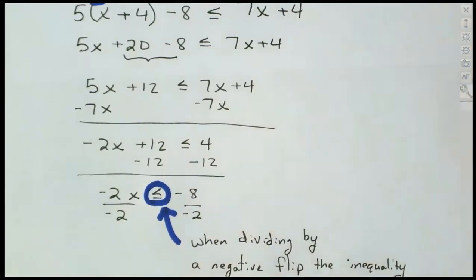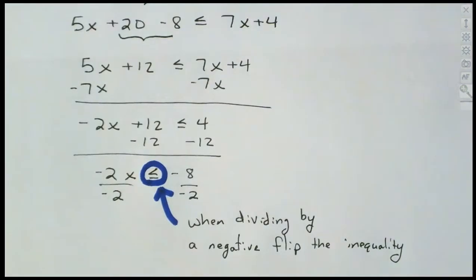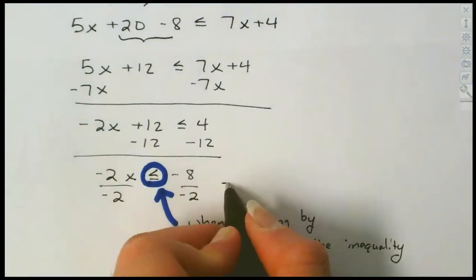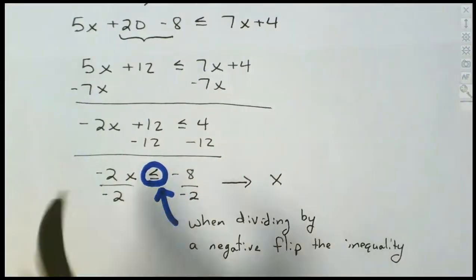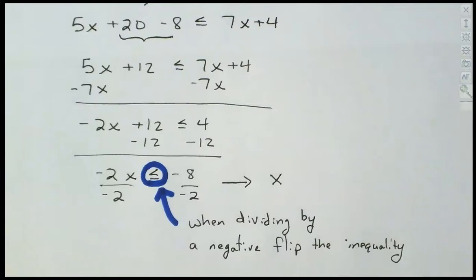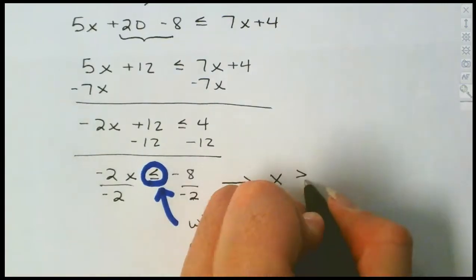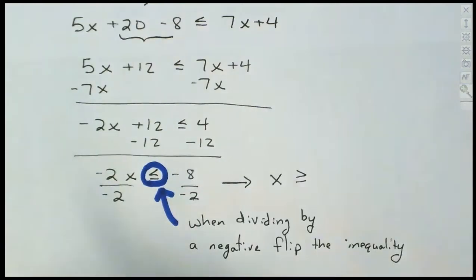So when we divide by a negative, this doesn't happen until the very last step. When we divide by a negative number, that's going to make our inequality symbol flip. So the x stays positive because negative and negative here makes it a positive x. We divided by this negative 2, so that forces the inequality symbol to flip.